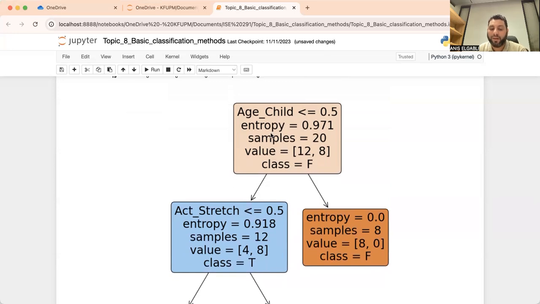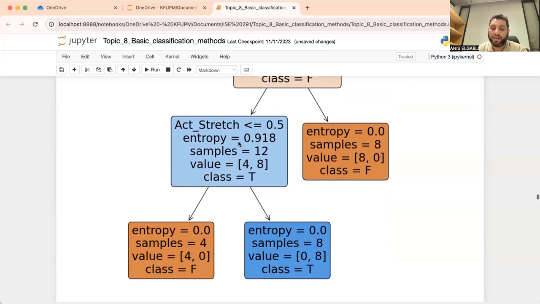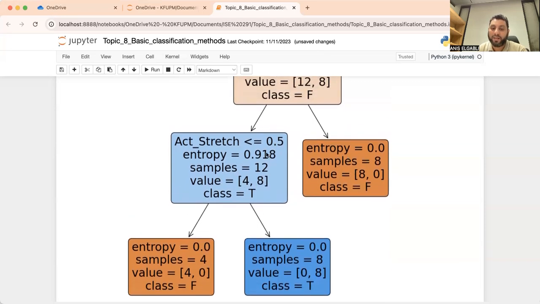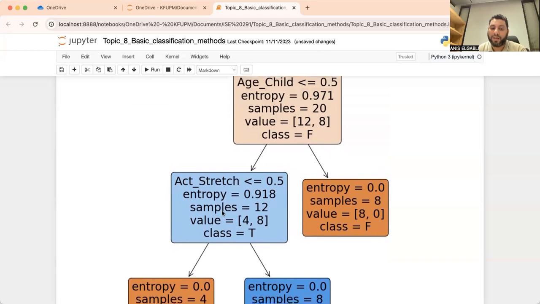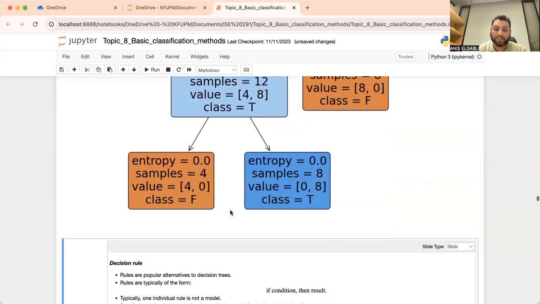So this is more of orange than blue here, because there are more samples that belong to class false than class true. Here it's more of a bluish, because there are more samples that belong to class true than class false. So by looking at the color, you can tell if there is a clear separation or if there is a confusion, and if there is a confusion, which one of these classes it's closer to.